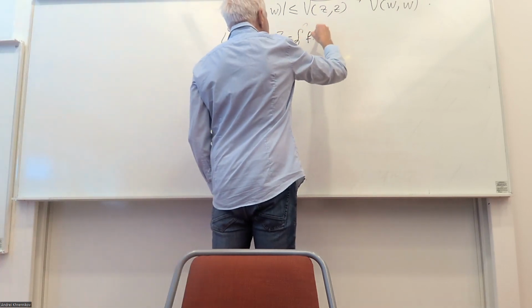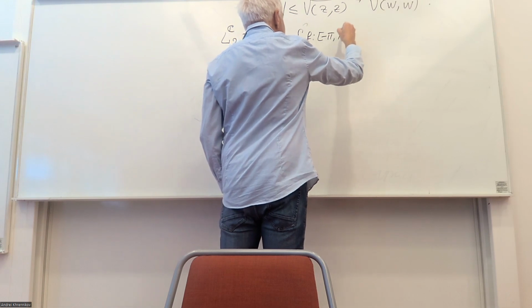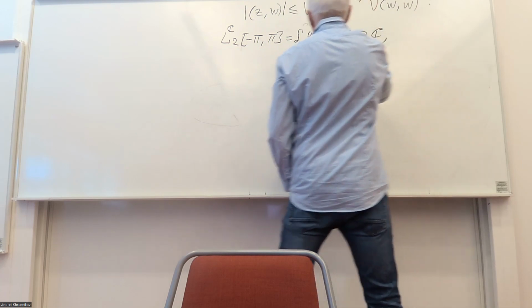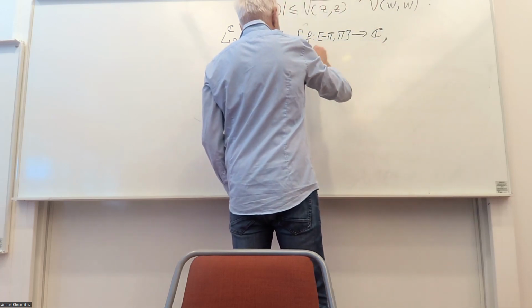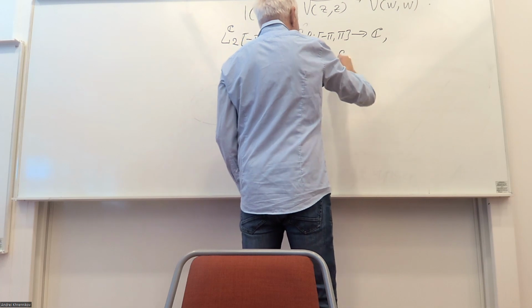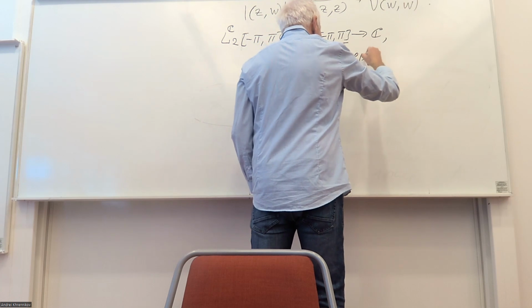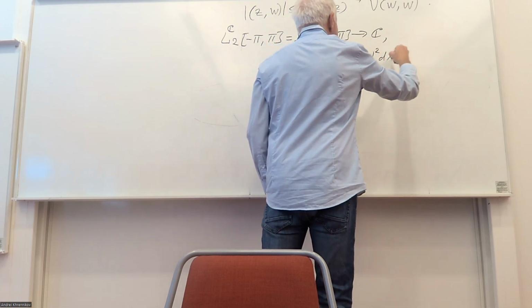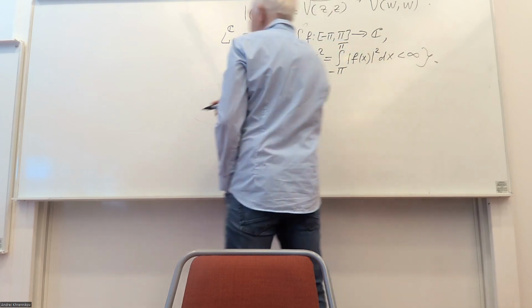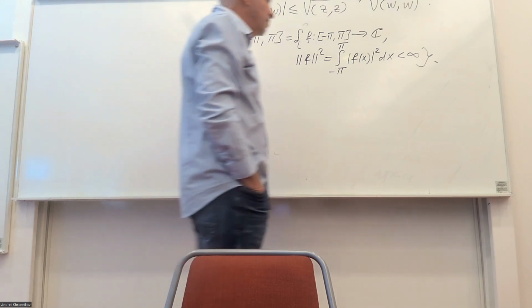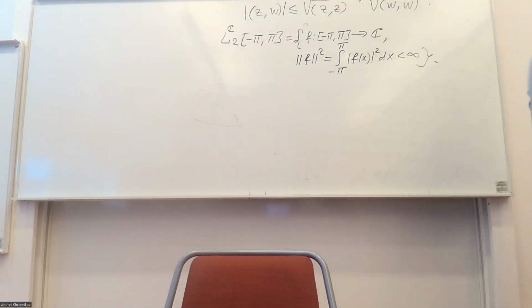So this is a function from minus pi to pi to complex numbers, such that the integral of the square, from minus pi to pi, and here is the complex absolute value, is less than infinity. In the real case, we wrote just a square. Here we should write the complex absolute value.